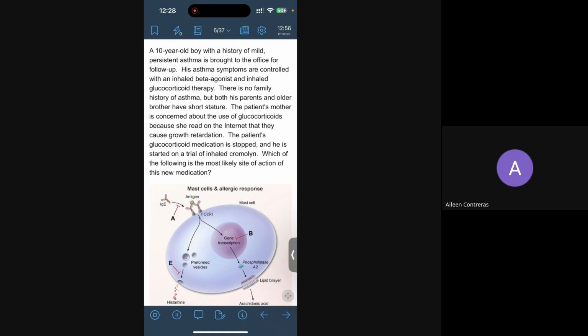Which of the following is the most likely site of action of the following drug? Which drug are we talking about? He has been started on a trial of inhaled cromolyn.